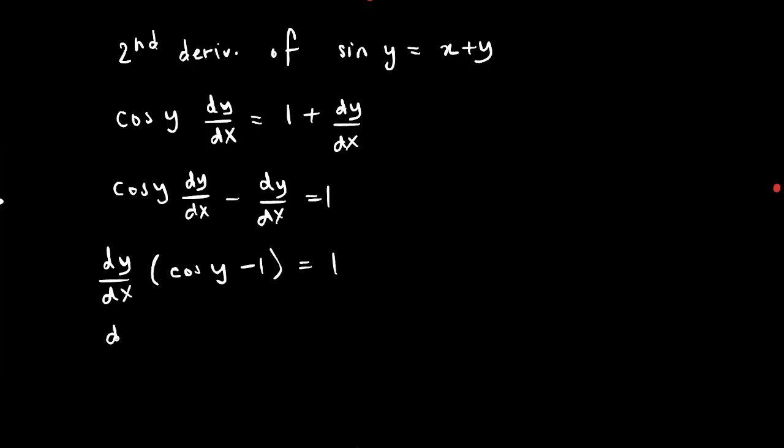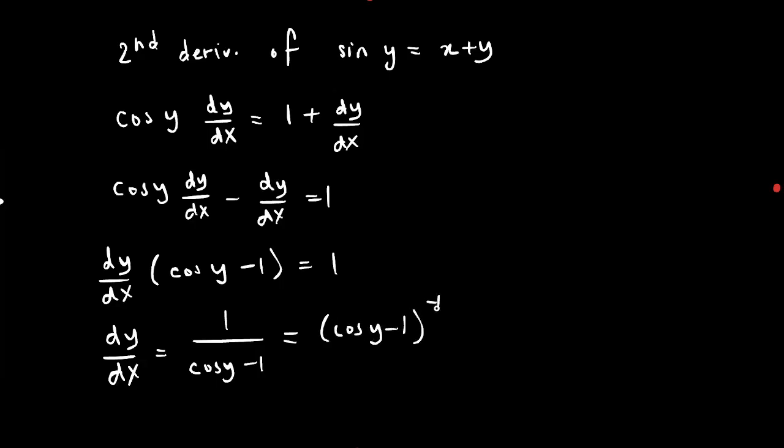So then we get our dy dx to be equal to 1 over cosine y minus 1. So this is our first derivative here. Again, we can rewrite this as cosine y minus 1 to the negative 1, because this is just the reciprocal.